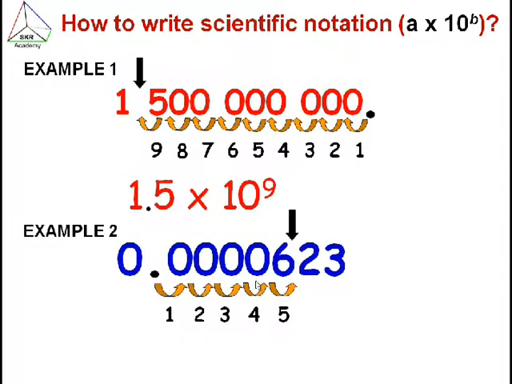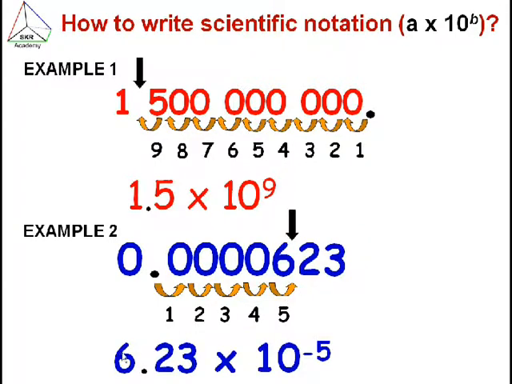We move this decimal up to 5 places. Then we will write the value 6.23 times 10 raised to the power minus 5, because we moved this decimal 5 places from left side to right side. So this is how you convert normal decimal values into scientific notation.